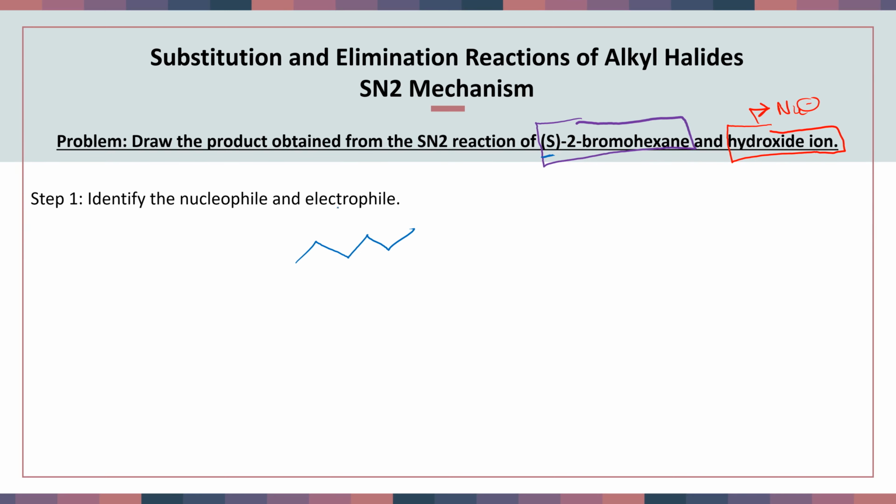That's hexane, and then we know that the bromo group, or bromine, is bonded to carbon number 2. And I'm going to arbitrarily choose to have the bromine coming out at me. If I do that, that means that the hydrogen that's also bonded to this carbon is coming away from me.